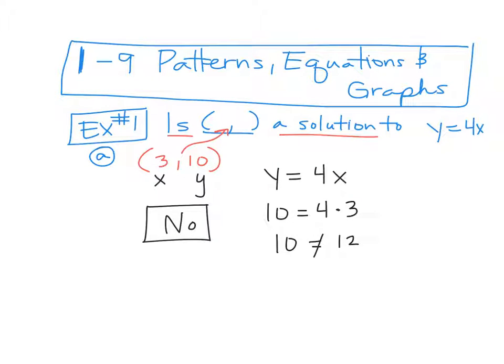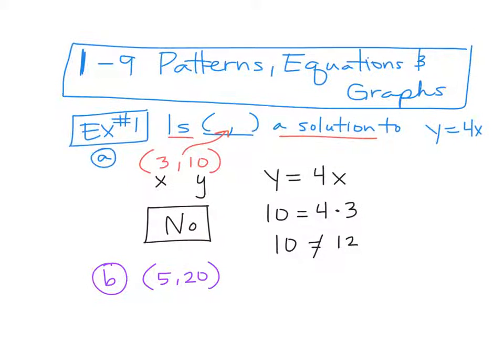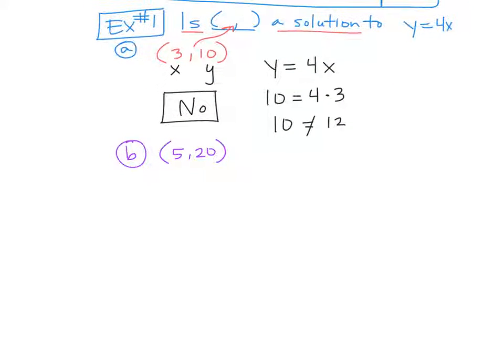All right, how about if I give you 5,20. Now we have the point 5,20, same equation, y equals 4x. Which one is my x value? The 5 is my x value, right? This is x, this is y.